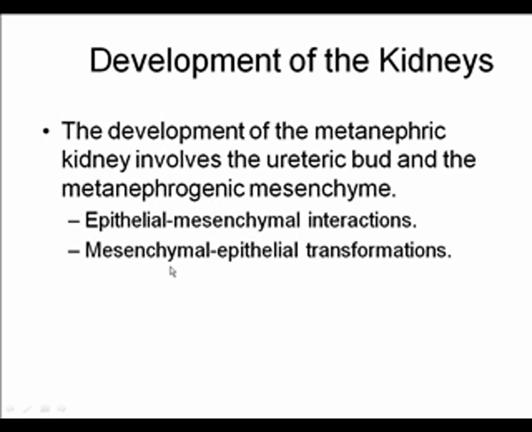So we're also going to need to talk about how we can get a transformation of a mesenchyme into an epithelium. That also occurs in the development of the kidney. So we're going to see both mesenchymal to epithelial transformations, as well as epithelial mesenchymal interactions. Both hallmark events in development.